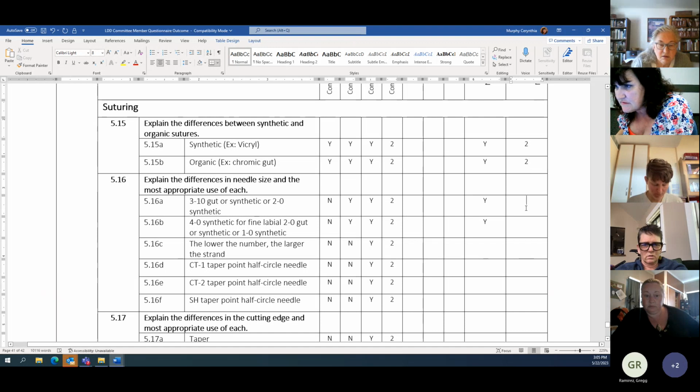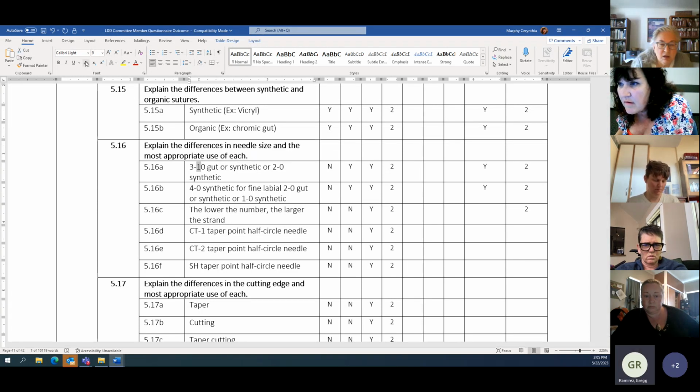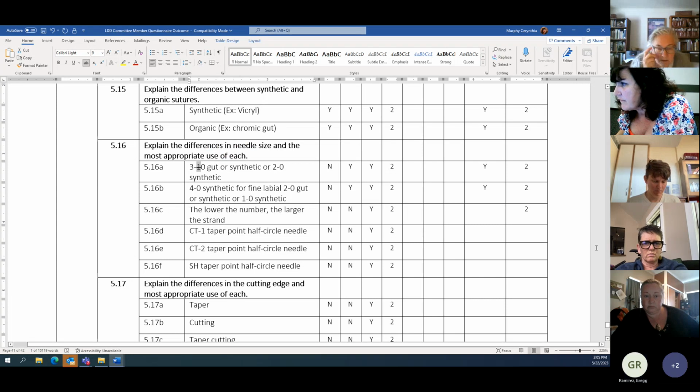Okay, explain the differences in needle size and the most appropriate use of each. Twos. Where's the 310 on 5.16? That should be 3.0, not 310. We have a random one. Okay, and then these are all twos as well.